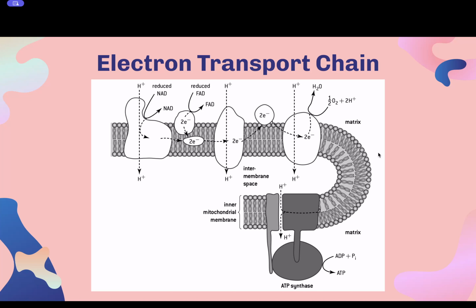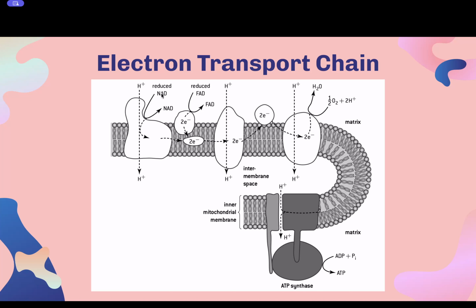Within this bilayer, there are integral proteins, as recalled from unit 1, and there are peripheral proteins, which all act as carriers of electrons in this situation. There are three big membrane proteins, and they're that way because they also act as proton pumps.